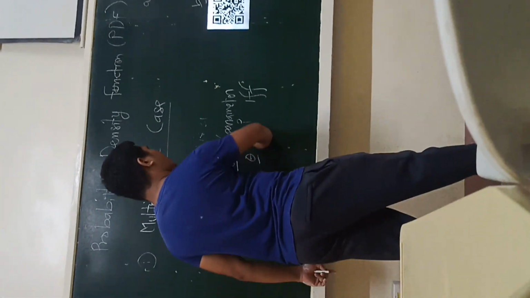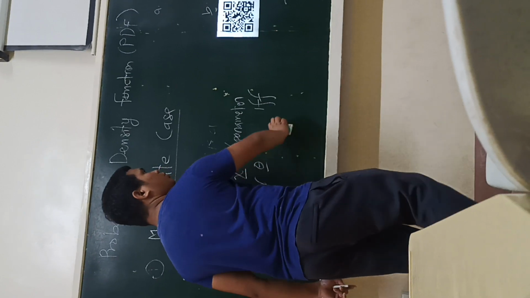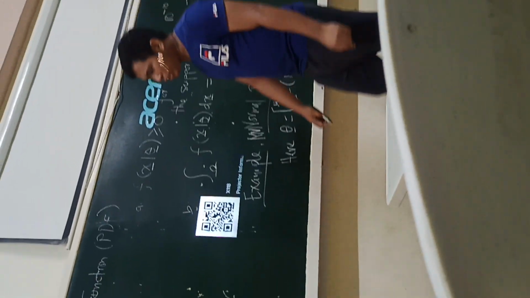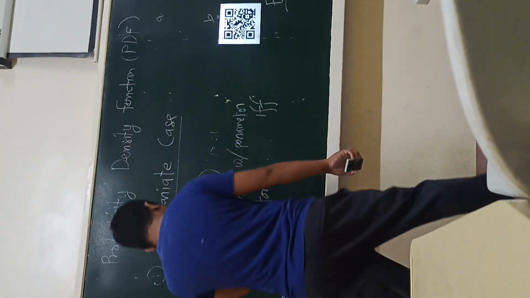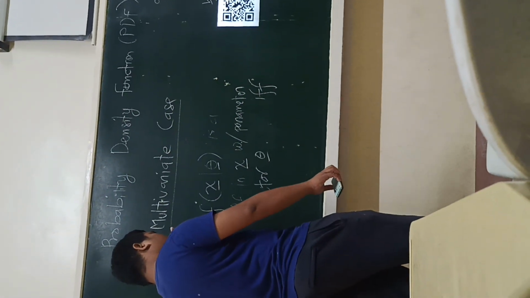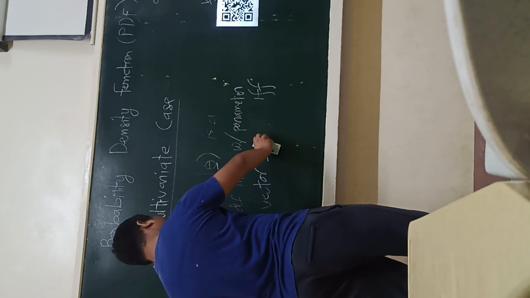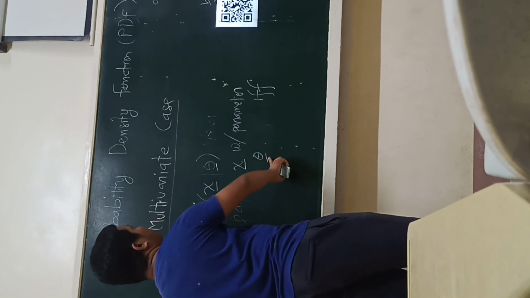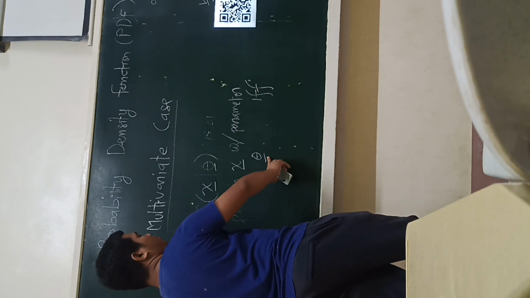Wala na ni RP, wala nang dimension. So sigma na siya, vector na siya. So di na siya vector, but parameter na lang, ito lang para without column siya. Parameter theta.